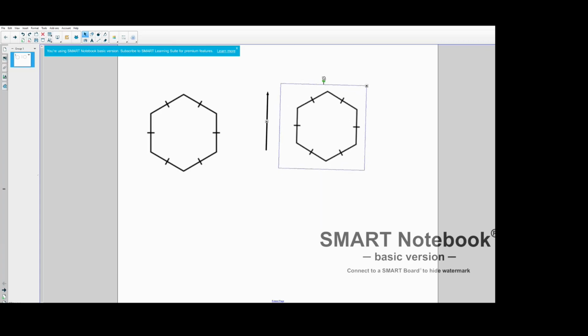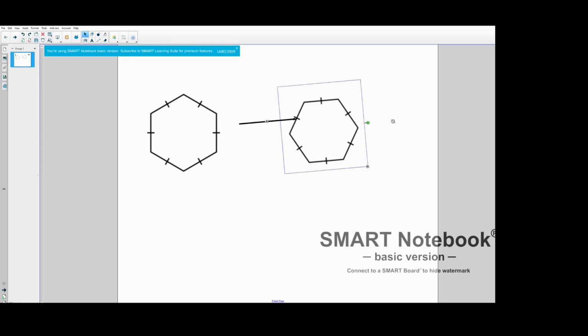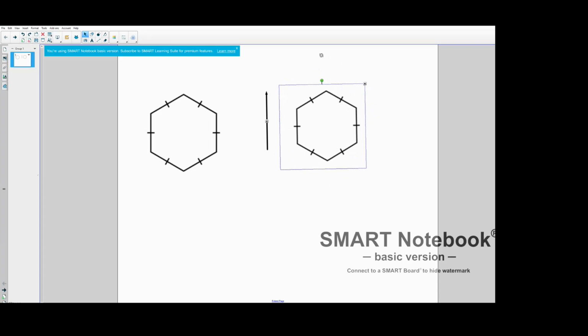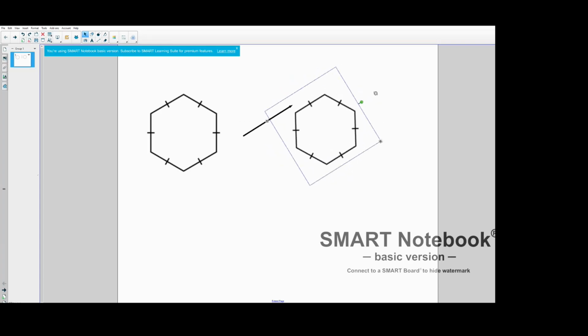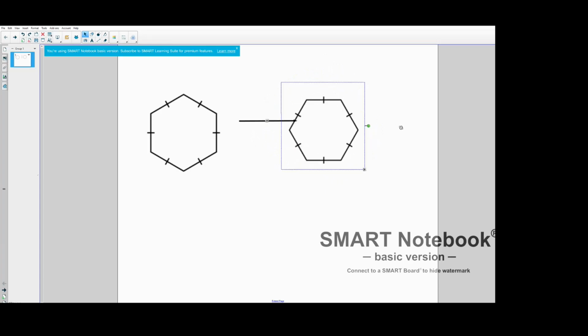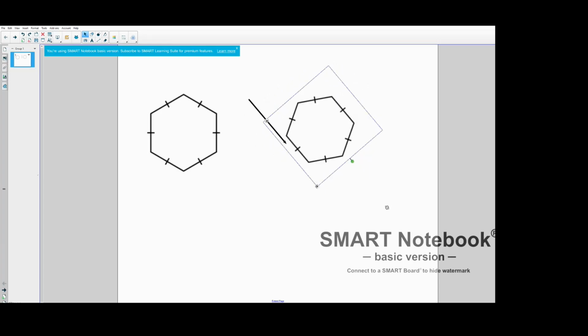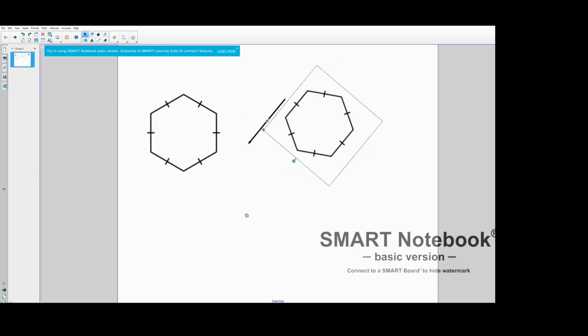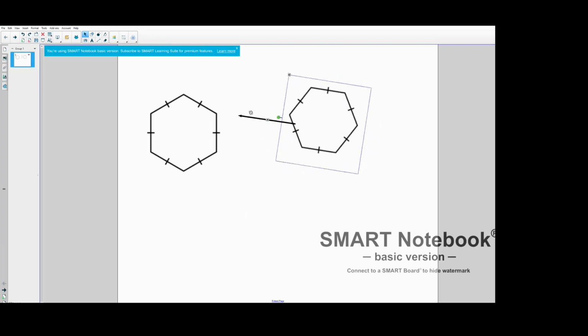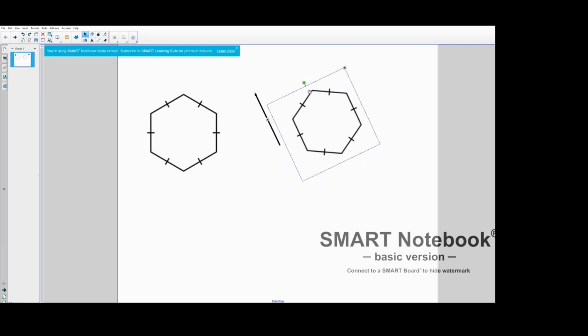If we count it, we can go once to fit into it. No, it hasn't fit into itself there, sorry. Let me do it again. Once, fit into itself. Twice, 3 times, 4 times, 5 times, 6 times. So that means the order of rotational symmetry is 6.